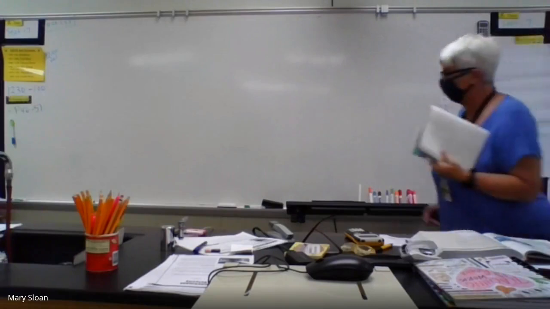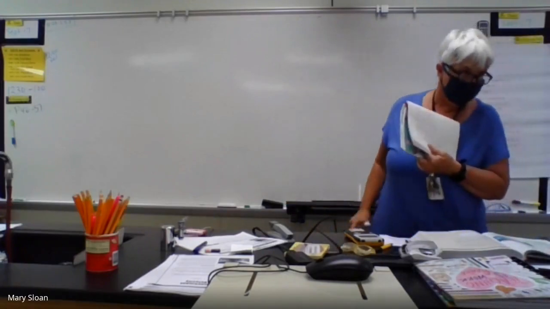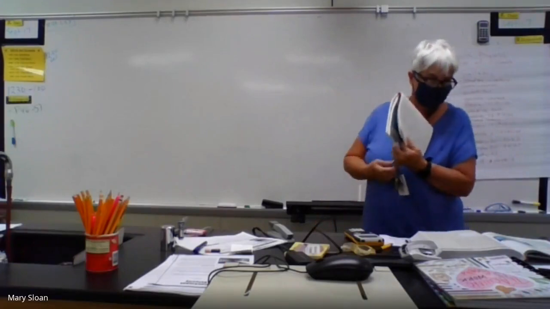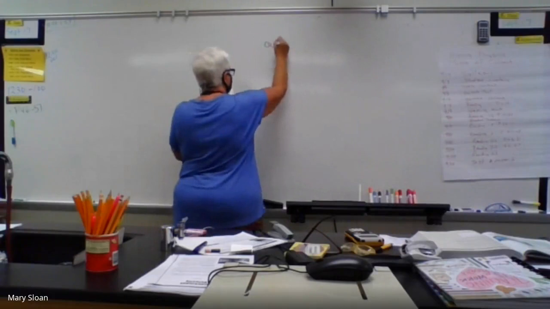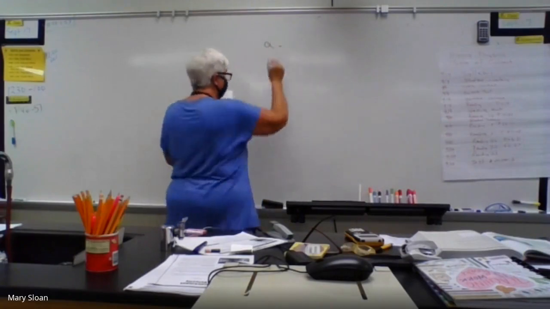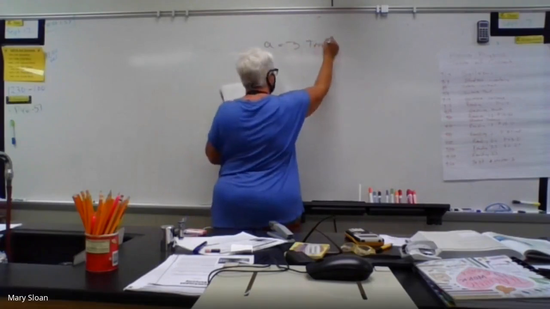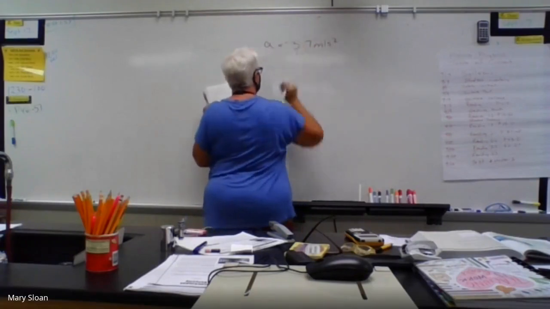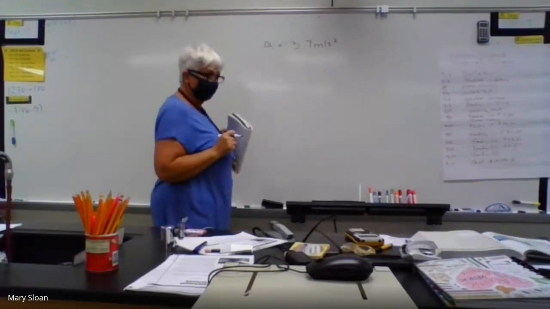So what do we have? I am on page number 62, question number 1. Will they give us the free fall acceleration? Okay? Negative 3.7. Yes. So my acceleration is not going to be 9.8. It's going to be negative 3.7 meters per second squared, right? Is that the actual one? No. What else do we know?